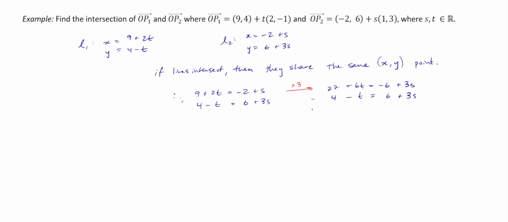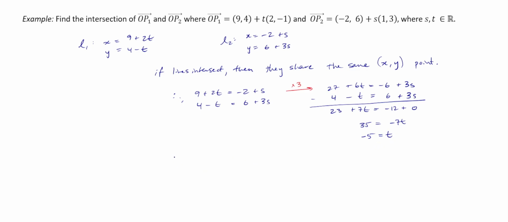And now I can subtract those two equations. Subtracting those two equations yields 23 plus 7t is equal to -12, and the s terms cancel to 0. So 35 is equal to negative 7t. So then negative 5 is equal to t.